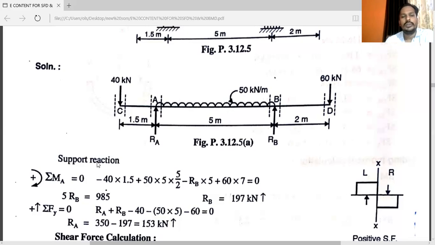Now, by taking another condition of equilibrium, that is summation of Fy is equal to 0, upward positive, downward negative.